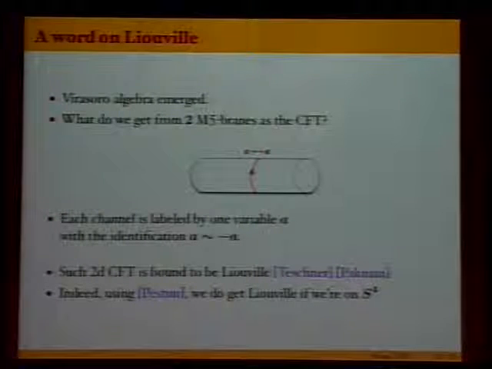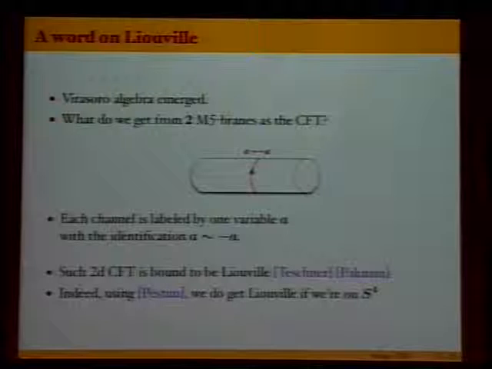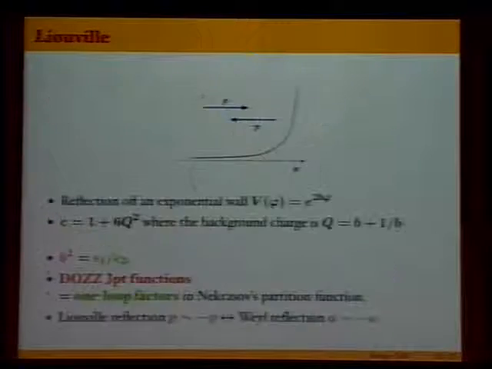And there is a nice series of works by Teschner and Ponsot, which says that just by studying the consistency of the crossing symmetry, such a 2D CFT is almost forced to be Liouville theory. And indeed, if you use the localization calculation of Pestun, we can really check that we get Liouville theory if we compactify the 4D theory further on round S4.